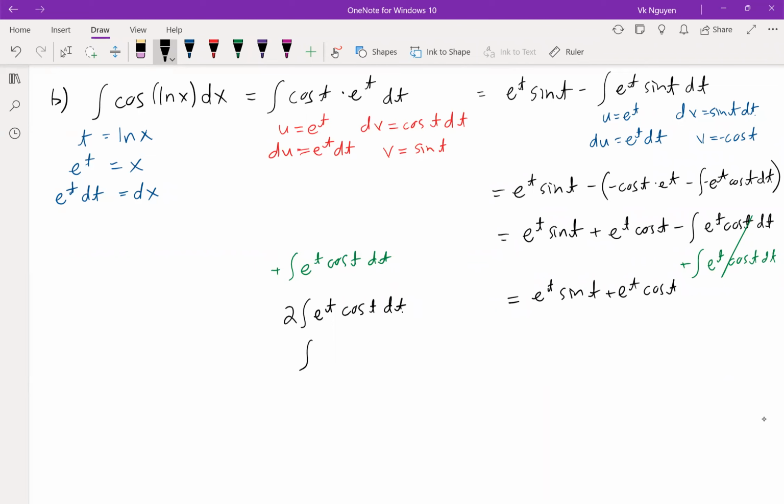So the integral of e^t cosine t dt is equal to, dividing both sides by 2, half of e^t sine t plus half of e^t cosine t, and then we have a constant c here.